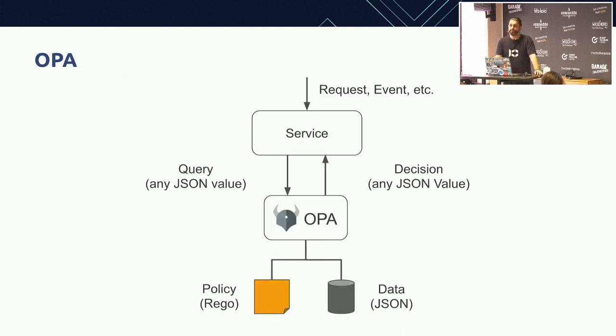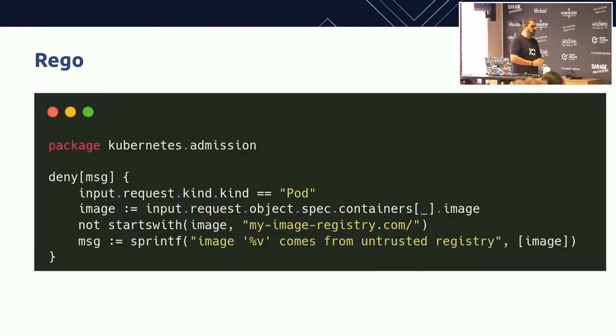There's OPA. OPA is a more generic policy engine. It's not specific to Kubernetes. You can use it with Kubernetes, but you can also use it in your environment on other products, where you define rules and policies with a language called Rego.